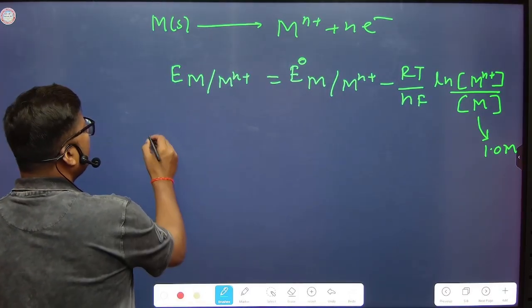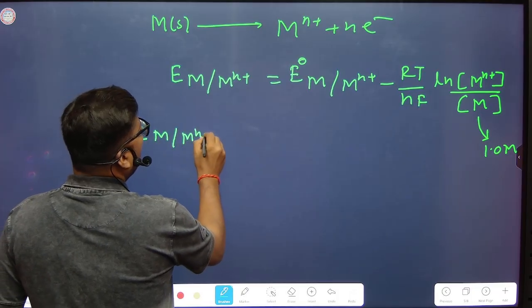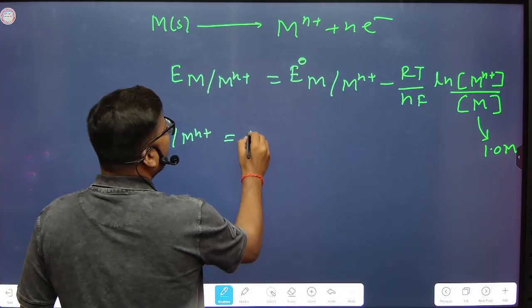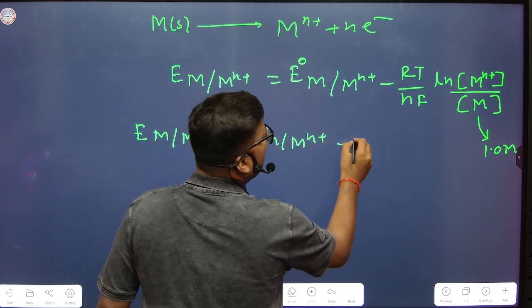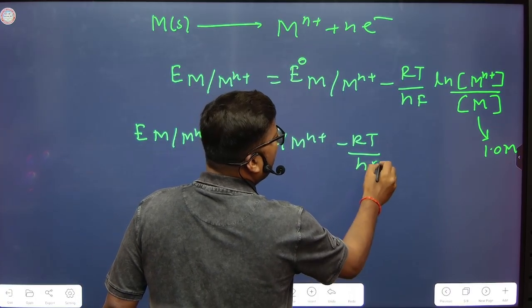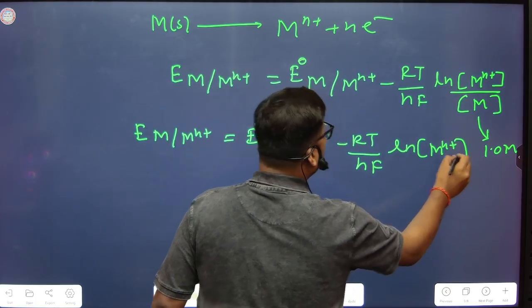So E of M/Mn plus is equal to E naught of M/Mn plus minus RT upon nF ln Mn plus.